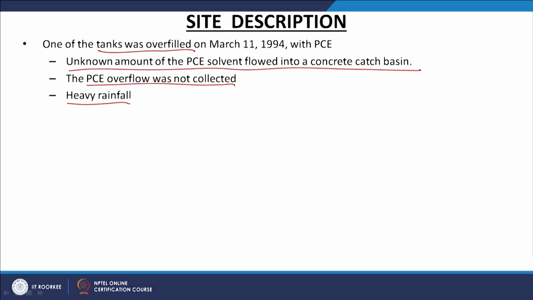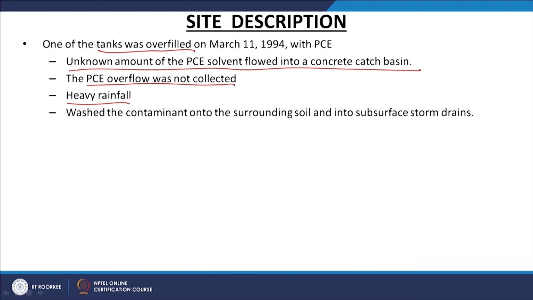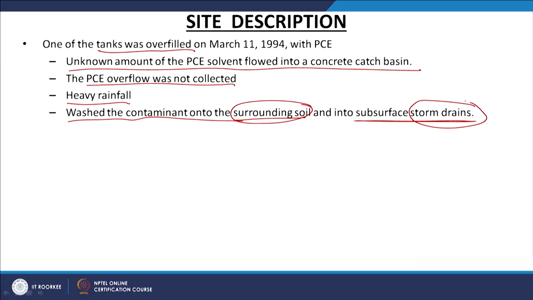And obviously worst case scenario, you had heavy rainfall, and once you have heavy rainfall, you are going to have runoff, and this washed the contaminant into the surrounding soil. So, keep in mind that it contaminated the surrounding soil, and also was transported by this runoff from the rainfall into the storm water drains, right. So, two key aspects.